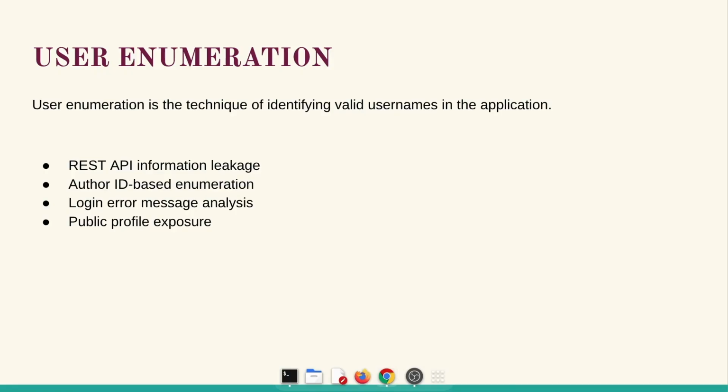Then login error: the login page leaks information through error messages like invalid username or incorrect password. Different responses are information leaks that confirm whether a username exists or not.